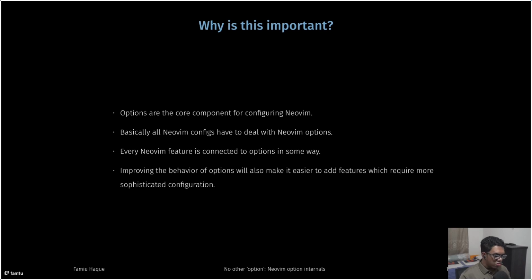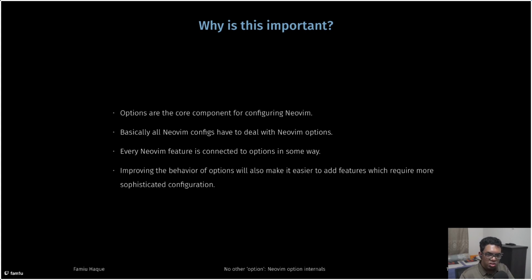So if you want to do basically anything, modify your status line, set line numbers, configure line wrapping, set a win bar, set your complete func, basically anything, you have to do it through options.